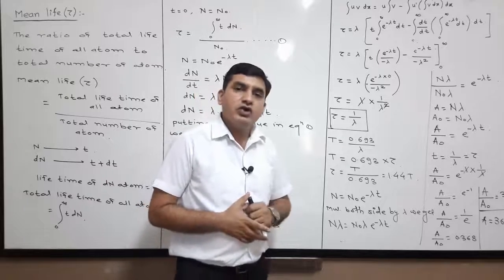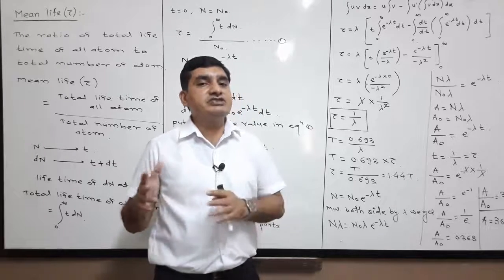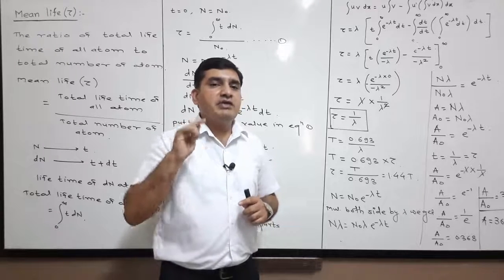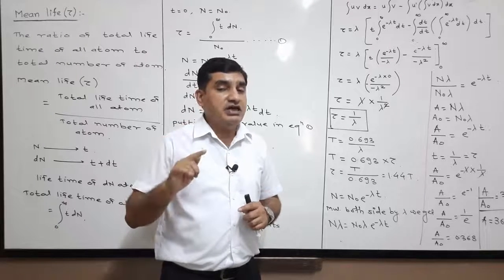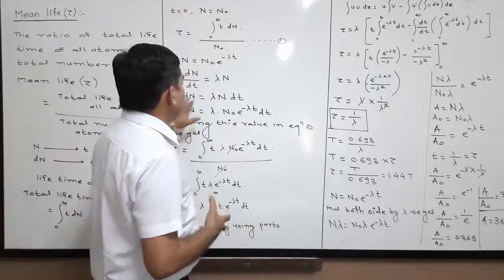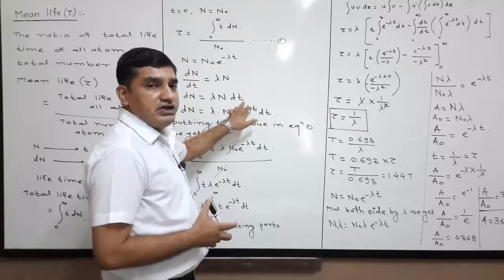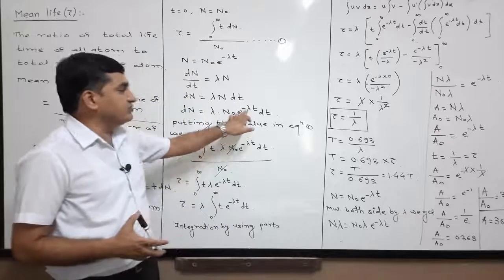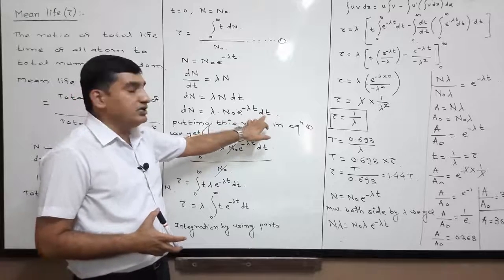But according to the law of radioactive decay, N is equal to N0 e raised to minus lambda t, and dN upon dt is equal to lambda into N, and therefore dN is equal to lambda N dt. Therefore dN is equal to lambda N0 e raised to minus lambda t dt.